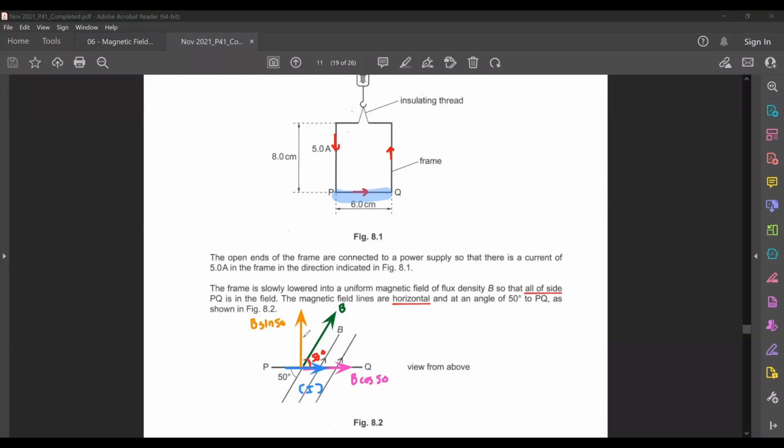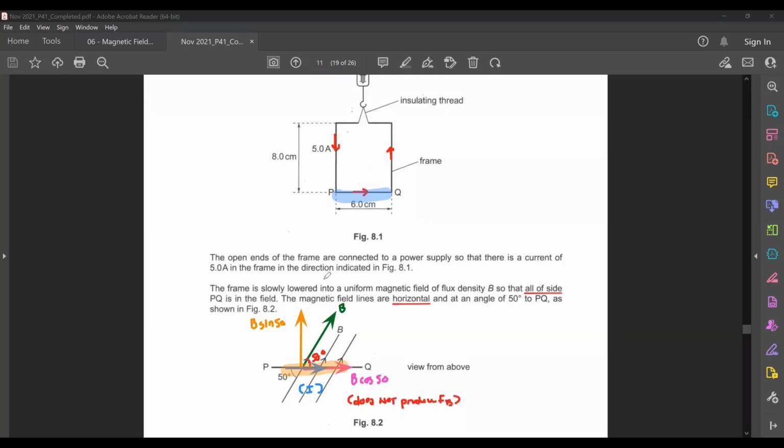Okay, so right now there's supposed to be a magnetic force that is produced. Which one is actually causing your magnetic force to be produced? Now, if you look at the horizontal portion here, your current is actually parallel to your magnetic field. So this one here does not produce your magnetic force.